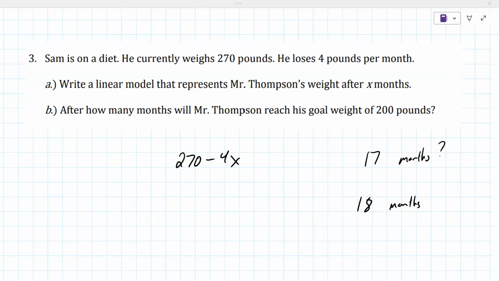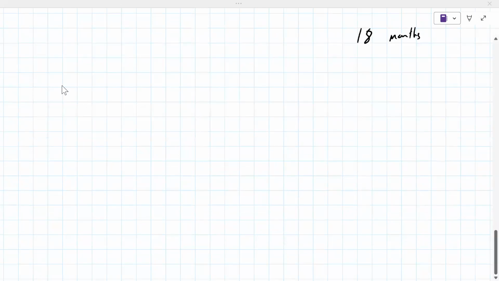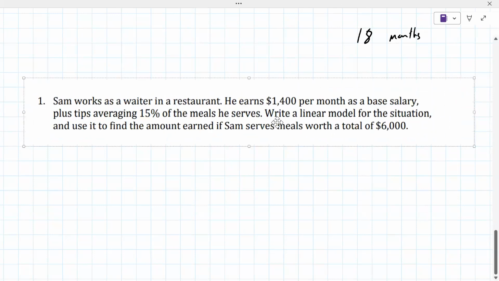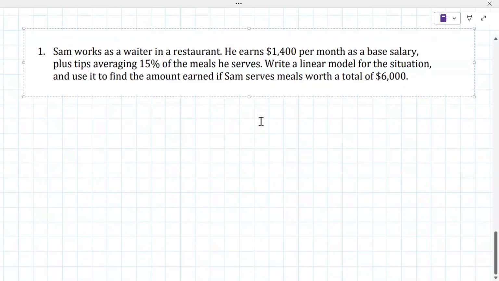Let's look at another one here. All right, so here is a new problem.